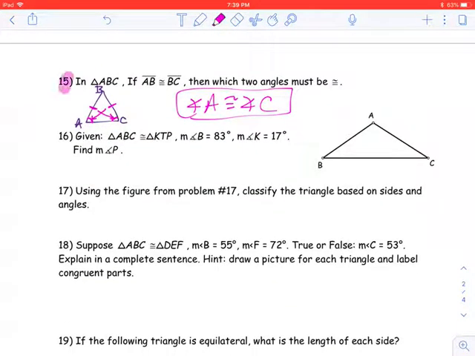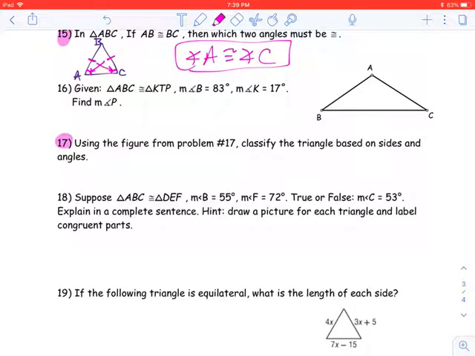Okay, so 17. So 17 says, using the figure from problem 17, classify, so this is the figure we're using, classify the triangle based on sides and angles. Now, I think it's referring actually to 16. So problem number 16.